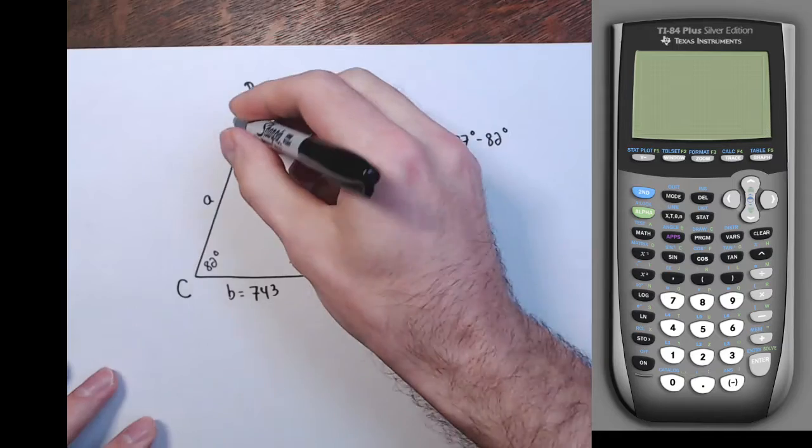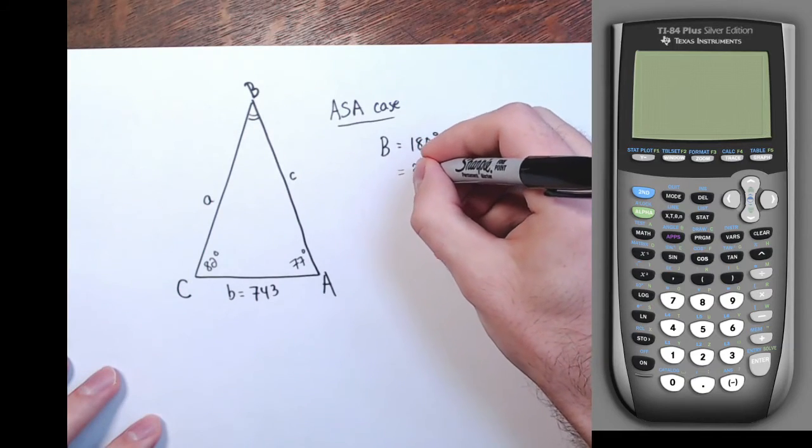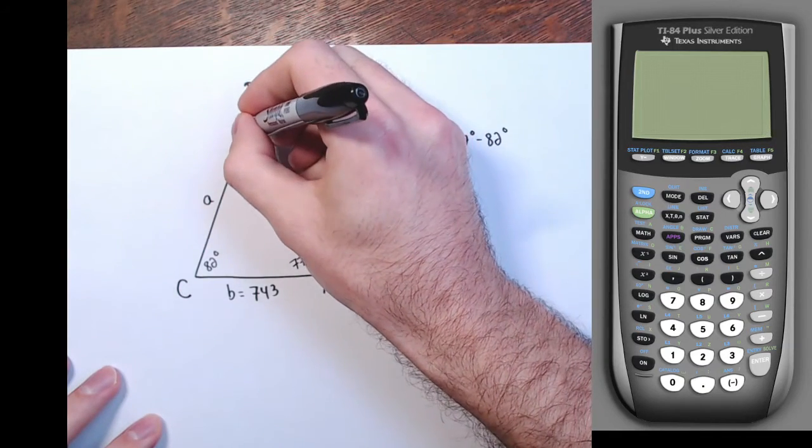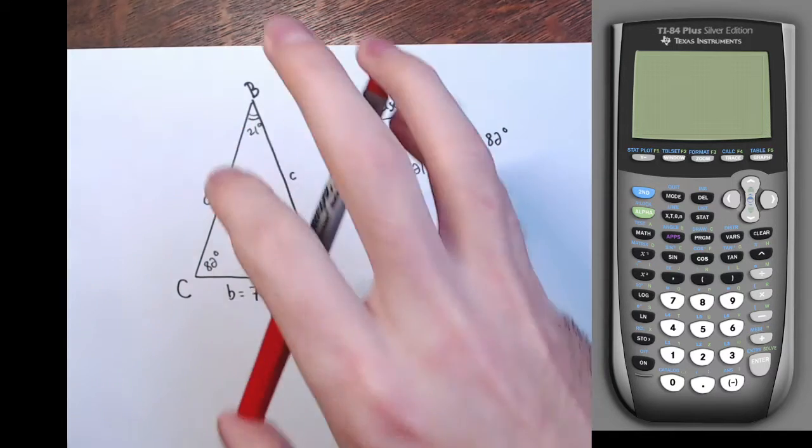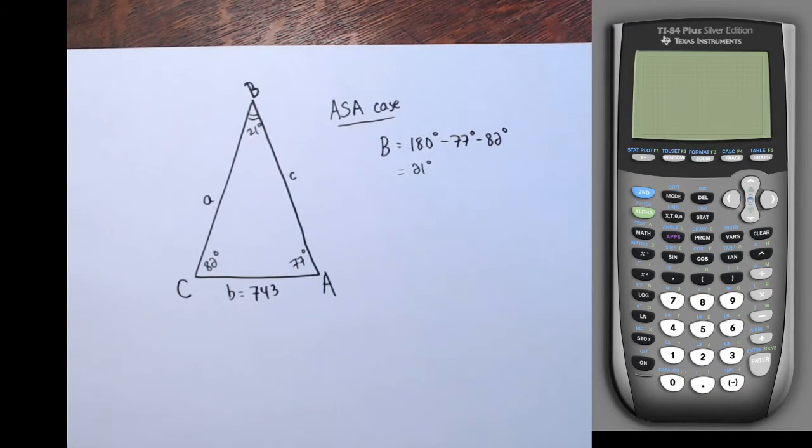So angle B needs to be 21 degrees to make 180. But that's not what's being asked for. I'm only putting in angle B because I'm going to need it when I use the law of sines.